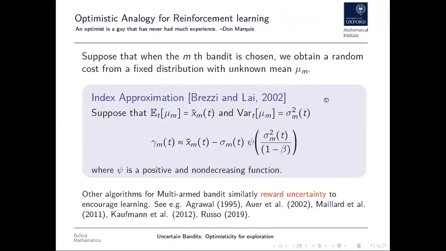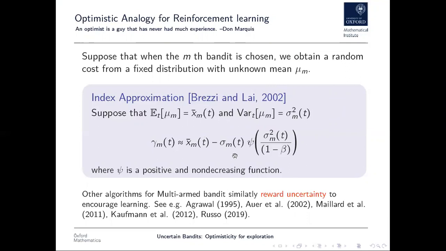Now, what does the index really mean? You may view the distribution as composed of two parts. The first part is the posterior mean, and the second part is the posterior variance, as the underlying state for the Markov decision process. So the index can be approximated by your posterior mean, and then you take a reward from the posterior variance.